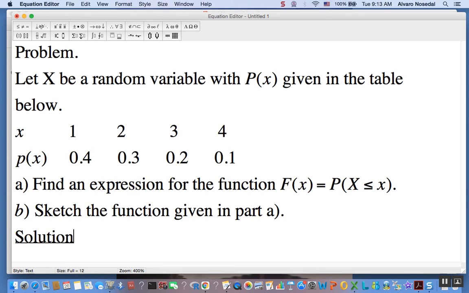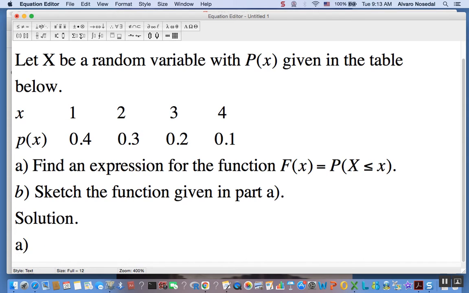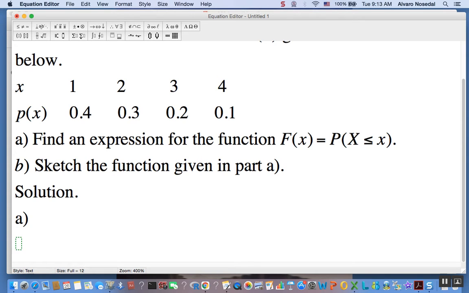Solution. We will have to proceed case by case. This new function, capital F at x, must be defined from negative infinity to infinity. So let's take into account all the possibilities that we have. First, case number one.